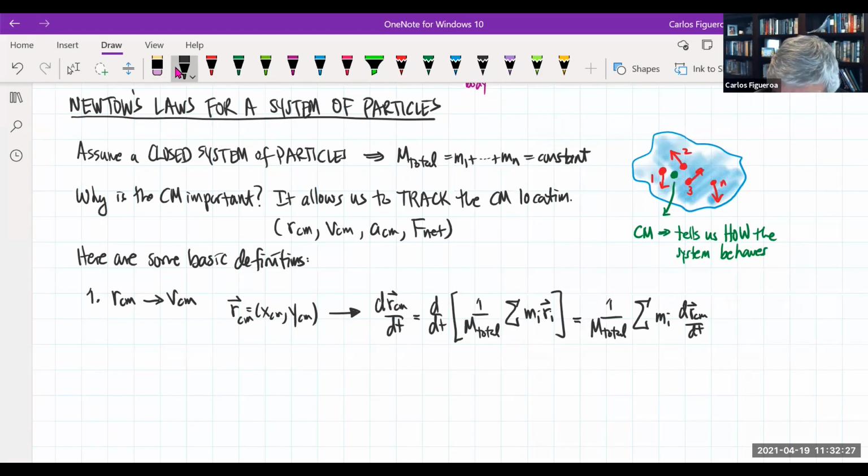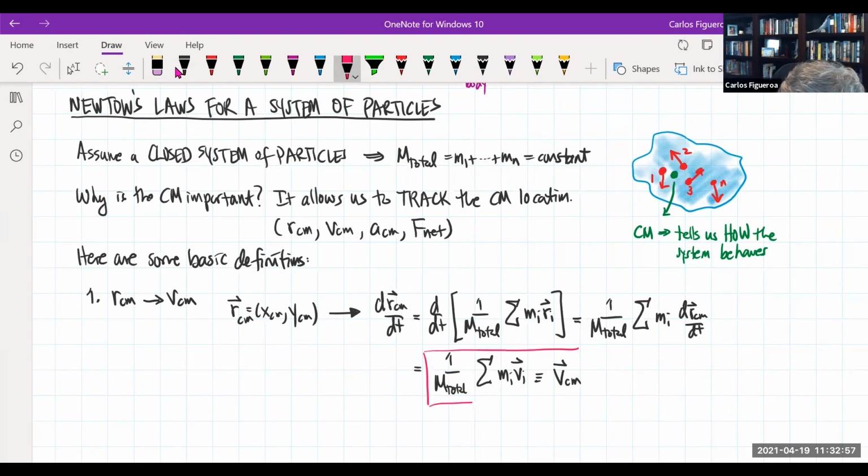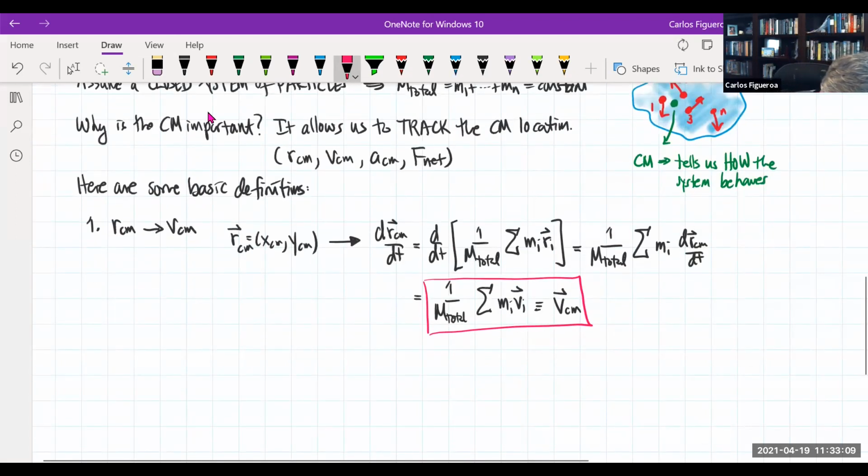And this gives us one of the most important concepts in all of science right here. This term right here is then the individual velocities, and this is the term we call V center of mass. And this is one of the highlights of this whole chapter. That little equation, man, that little dude is powerful. Super, super powerful.